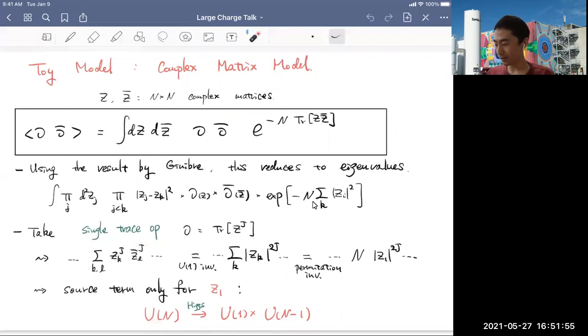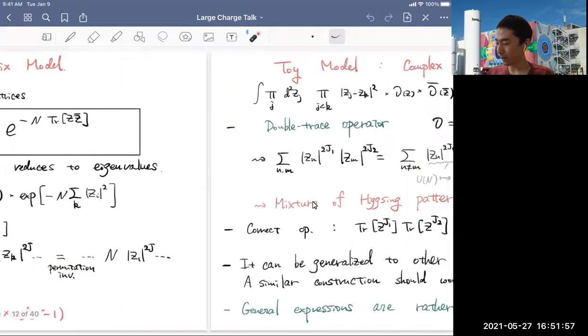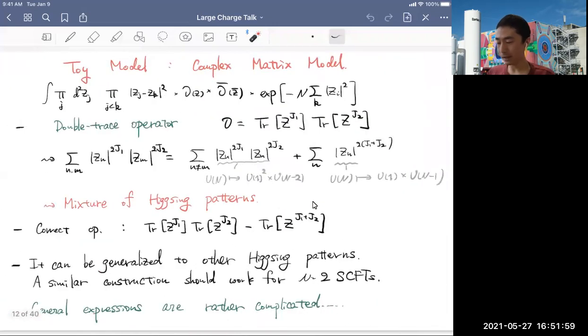Let's next consider the next simplest one, which is the double trace operator, trace Z^J1 and trace Z^J2. By going through the same analysis, now we have a summation over two indices. You might think that this corresponds to the U(1) squared times U(N-2) Higgsing pattern.